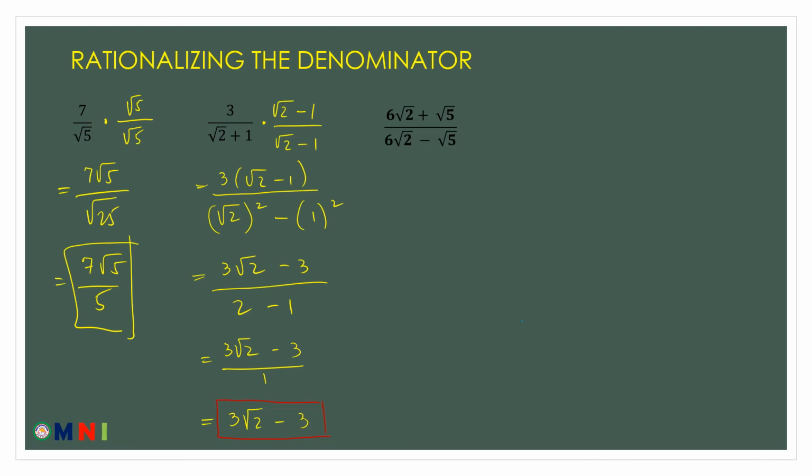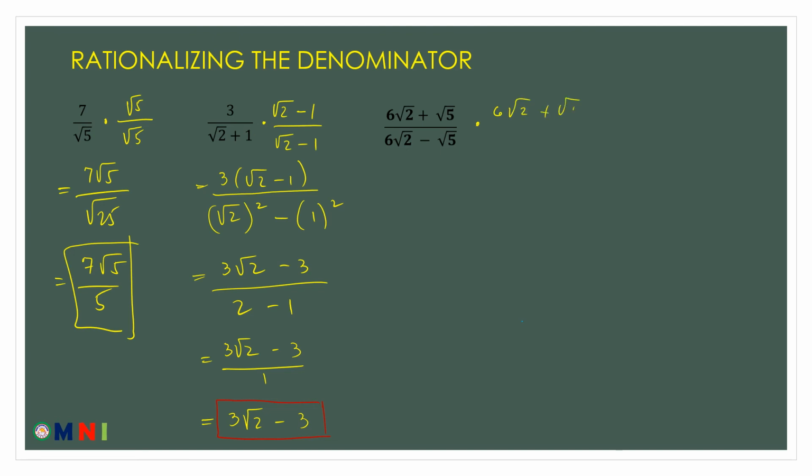Okay, and the last we have is the quotient of this. And of course, we cannot leave the final answer as that because we have radicals in the denominator. Again, we are going to multiply the numerator and denominator by the conjugate of 6 square root of 2 minus square root of 5.